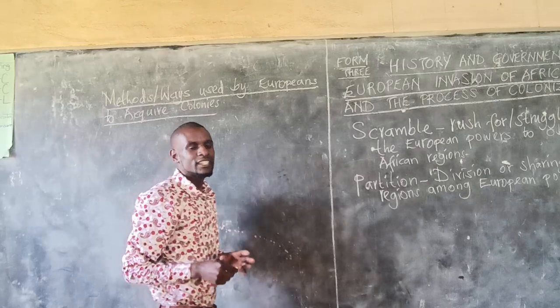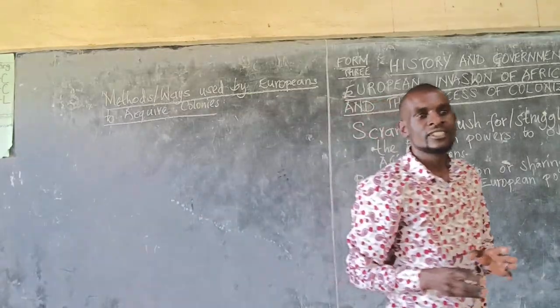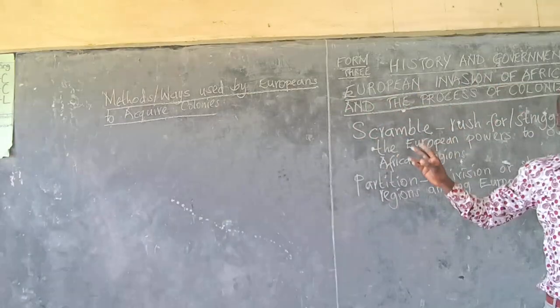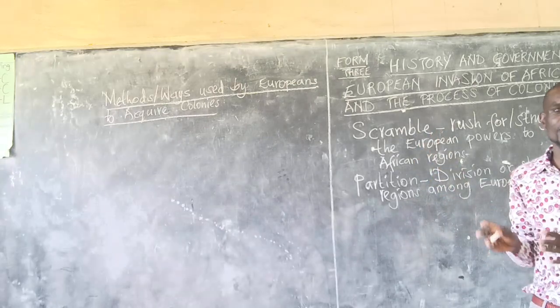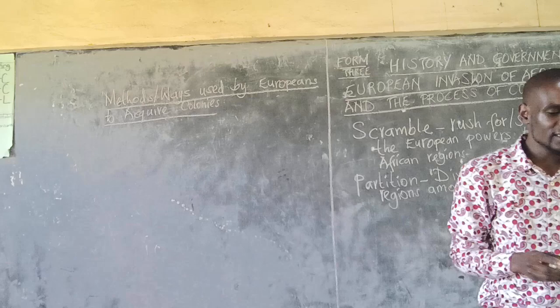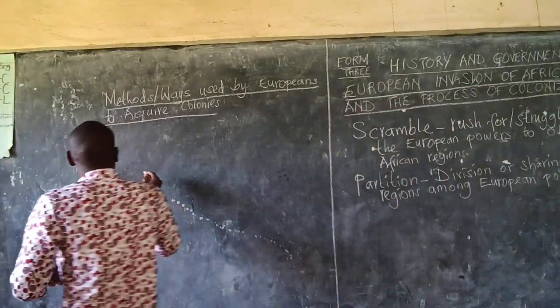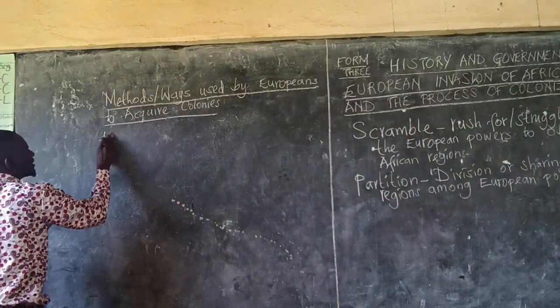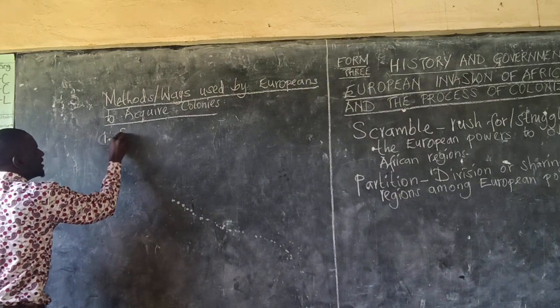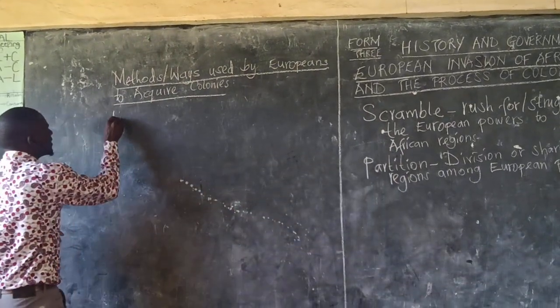When the Europeans came to Africa, they used various means and methods in order to acquire some colonies in Africa. Number one, we're going to look at the signing of treaties.